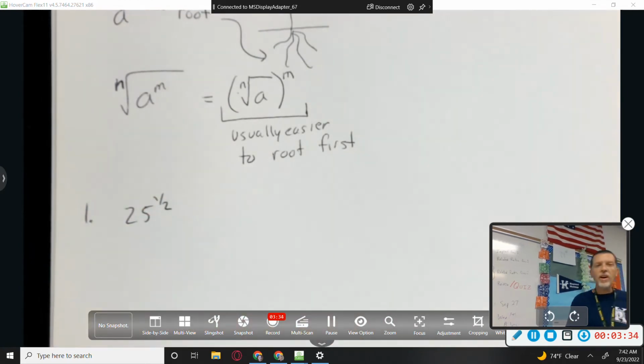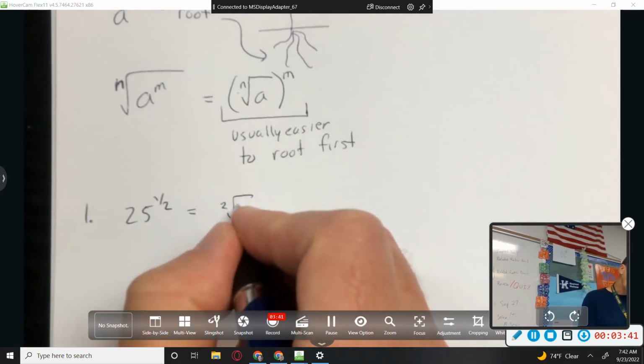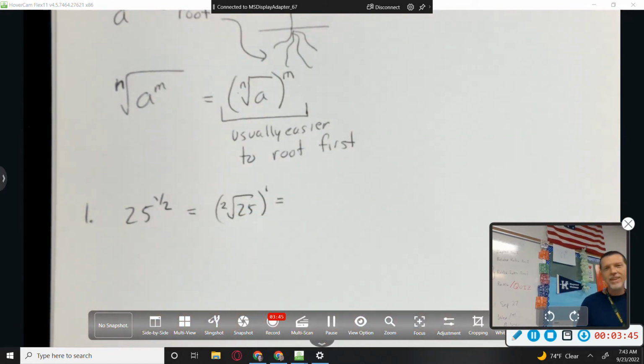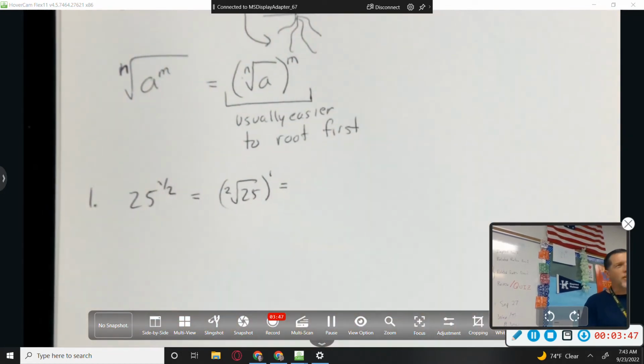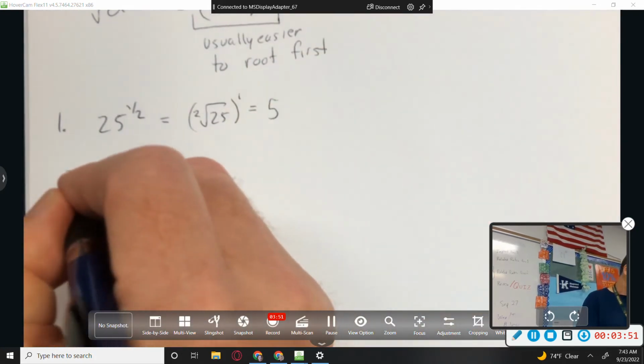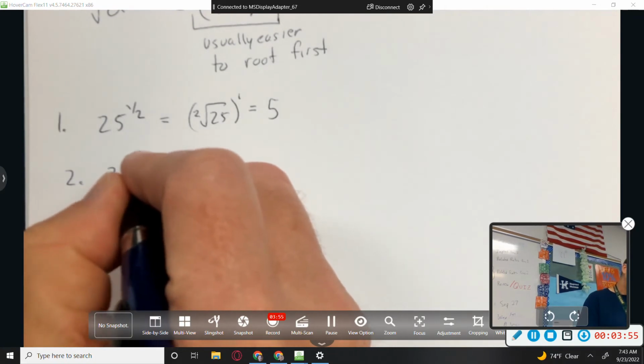So 25 to the 1/2. Start with a really easy one there. That's the square root of 25 to the first. The square root of 25 is 5. Okay, but let's go a little bit deeper than that. 25 to the 3/2.